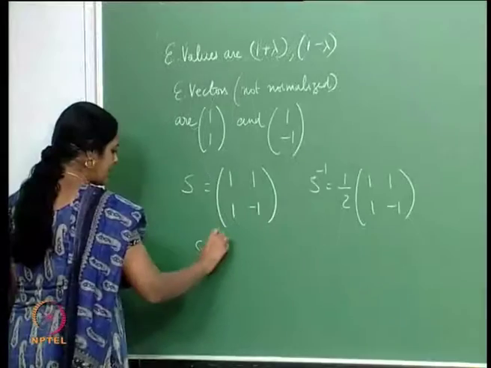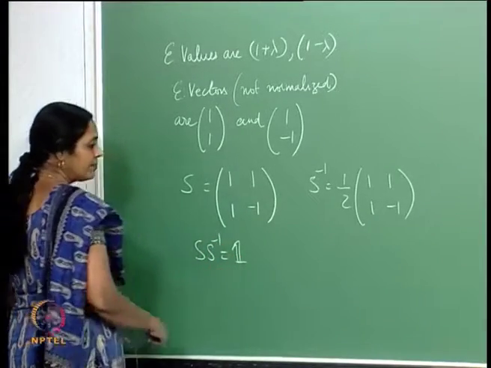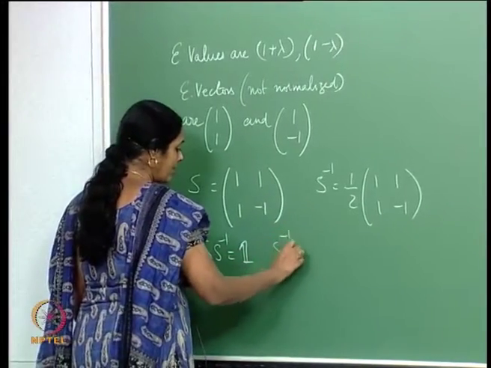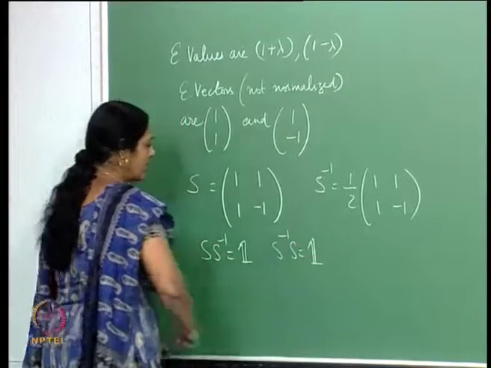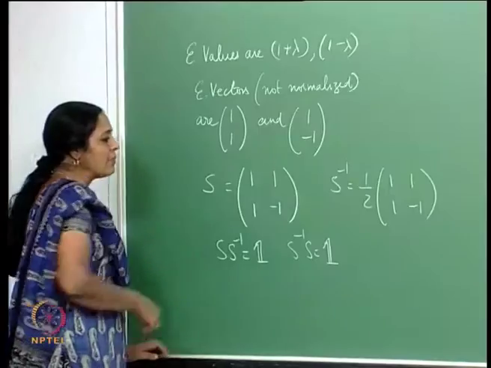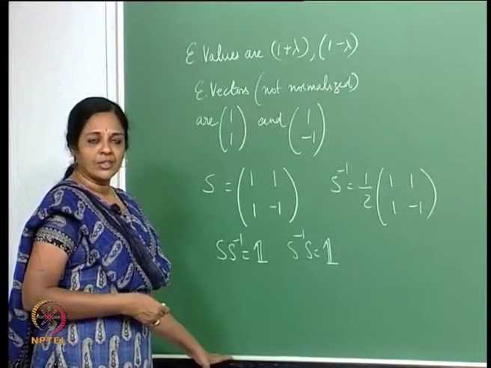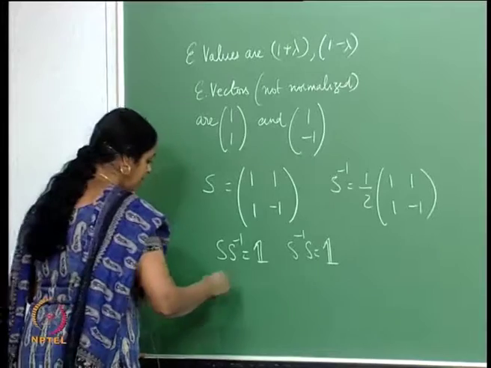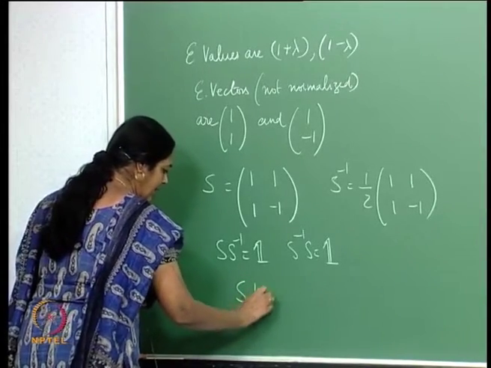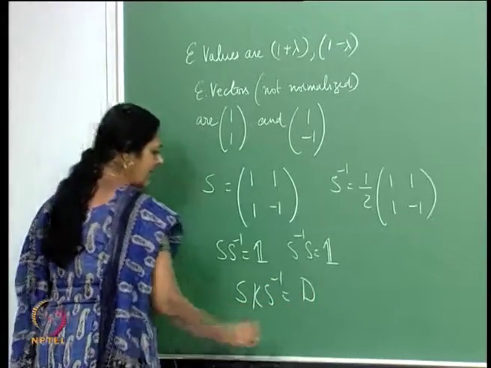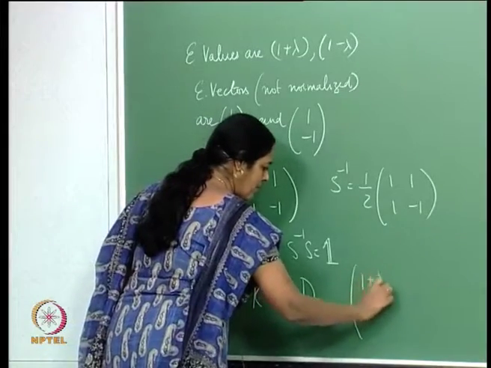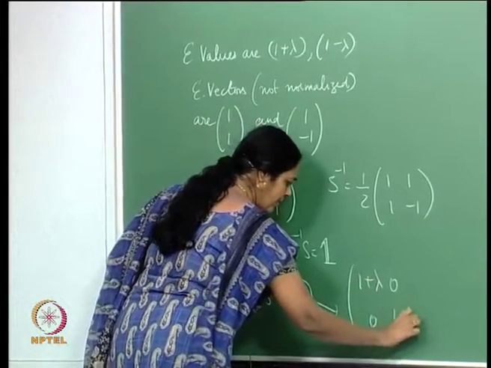So that S inverse S is identity, and because we are looking only at 2 by 2 matrices, it also implies that S S inverse is identity. So this is the matrix with which I do the similarity transformation. So basically S K S inverse is the diagonal matrix with entries 1 plus lambda and 1 minus lambda.